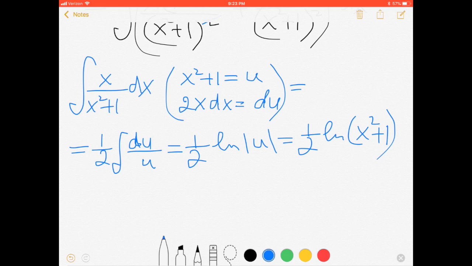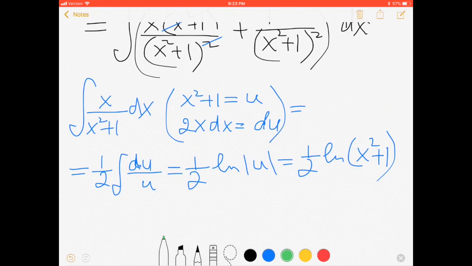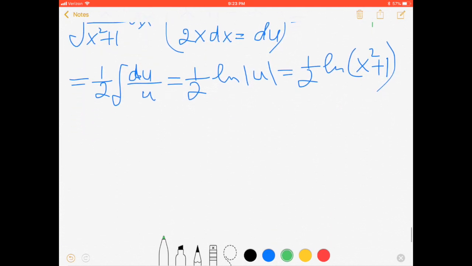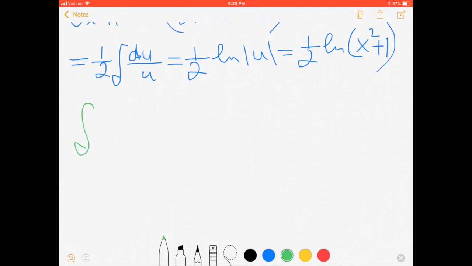What about the second one? We have the integral of 1 over (x squared plus 1) squared dx. Here I think we can try trigonometric substitution and see what we have.